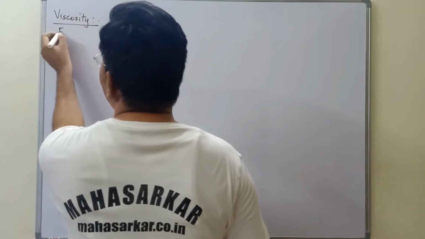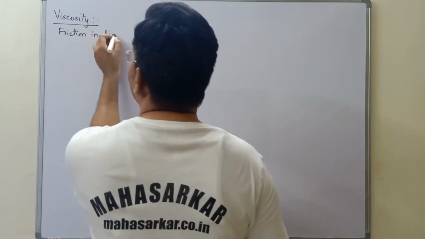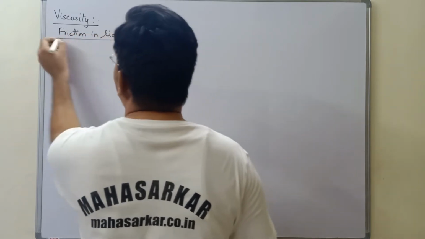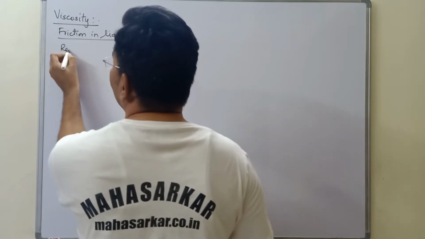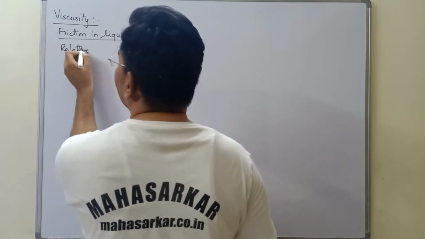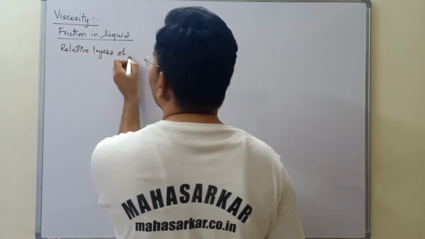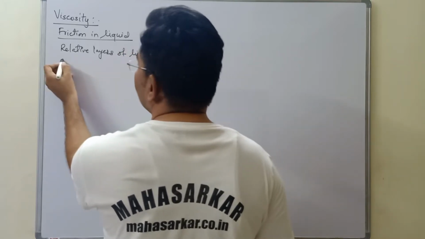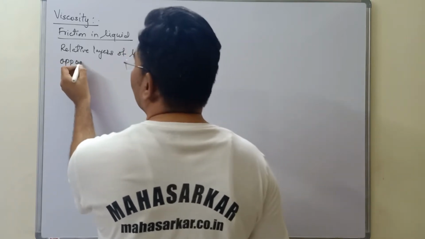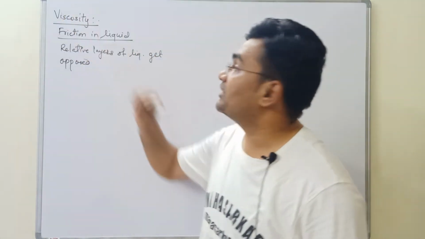It is nothing but, in short, friction in a liquid. So how does it act? It produces opposition to motion between relative layers of liquid. Relative layers of liquid get opposed by each other, due to which the property is called what?